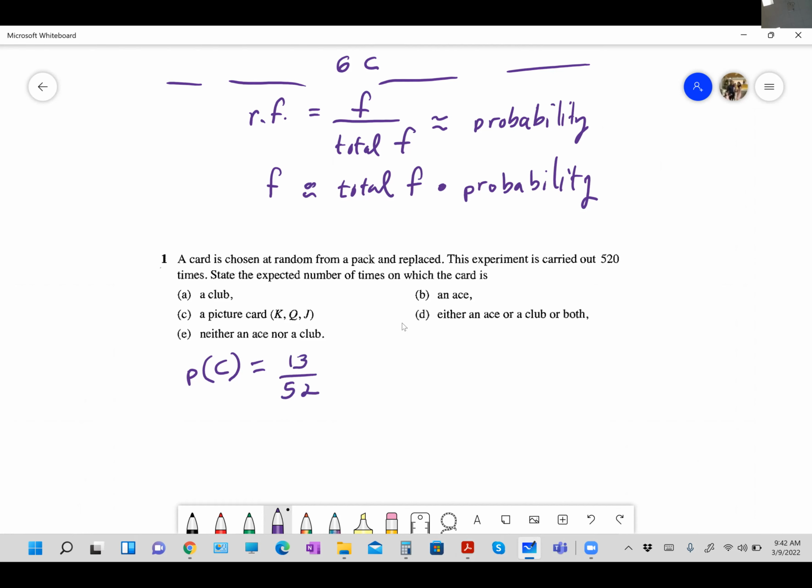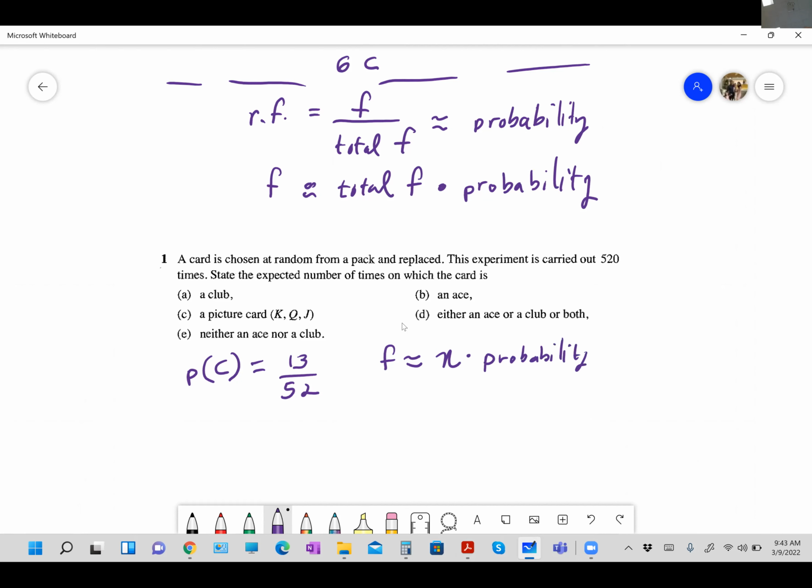But if you carry this experiment out 520 times, how many clubs would you expect? The answer is that the frequency is going to be approximately your total frequency, or N, times the probability. We're going to see that soon for a binomial distribution, but let's just leave it as probability there.